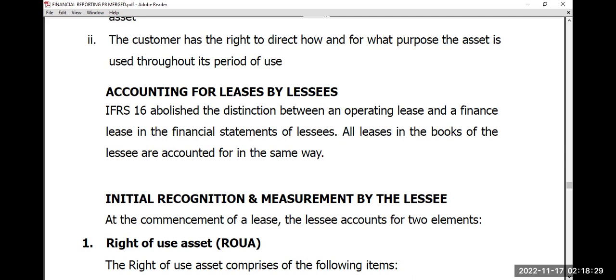But when this new modification was done, IFRS 16 abolished how we used to differentiate these leases into operating leases and finance leases. And when this new standard came in, we combined all the leases in the books of the lessee, and we account for them as if they are all the same.